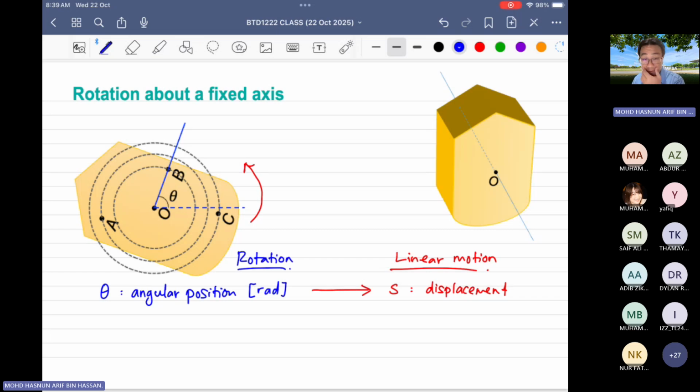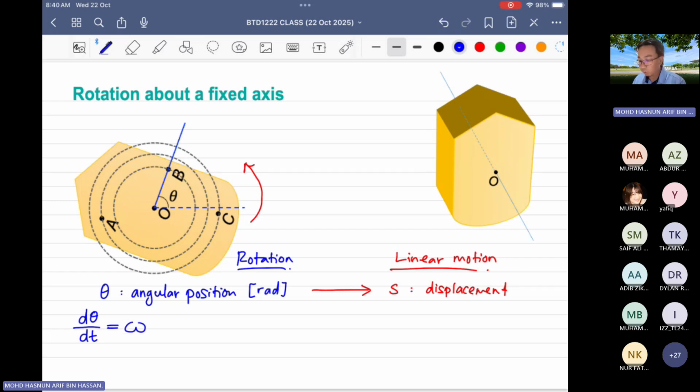If we differentiate the angle, theta, over time, so we do d theta over dt, to see how much the change of angle happens with respect to time, then this is what we call omega.